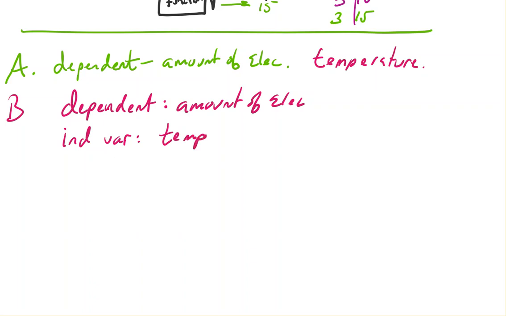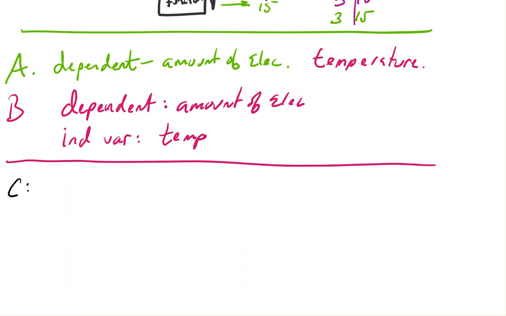All right, so now we move to question C. For question C, you're going to have to read it and think about what depends on what. I'm going to draw a little line here, and we're now working on question C. So go ahead and read it.